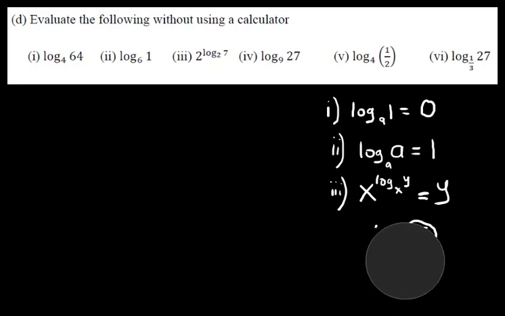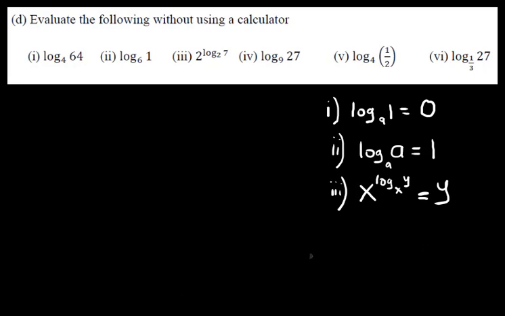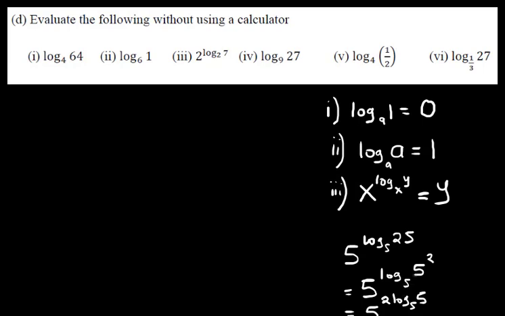But if we want to prove that, let me just rewrite it. We have 5 raised to the power log 5 of 25. We know that this is the same as log 5 of 5 squared. Then this is the same as 5 raised to the power 2 log 5 of 5, so the 2 drops.